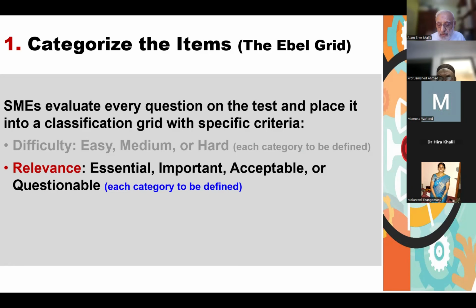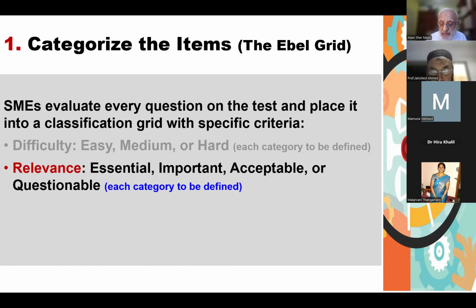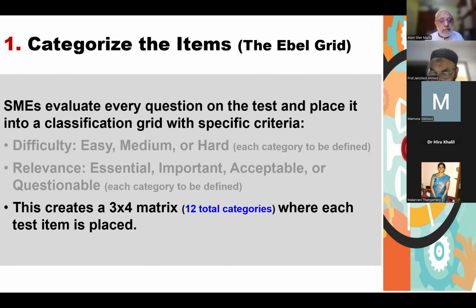So these are 3 difficulty levels and 4 relevance levels, and when we make a matrix, it would make 12 categories where each item is placed.